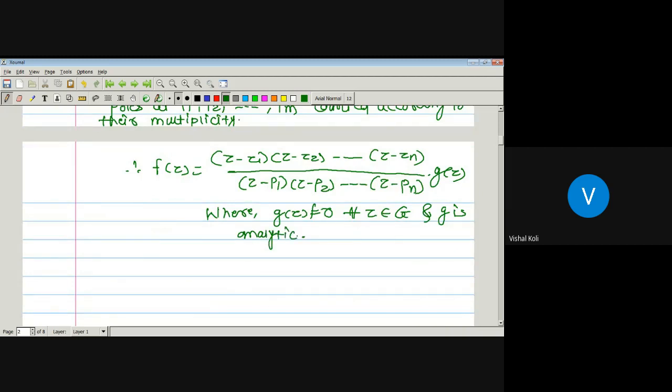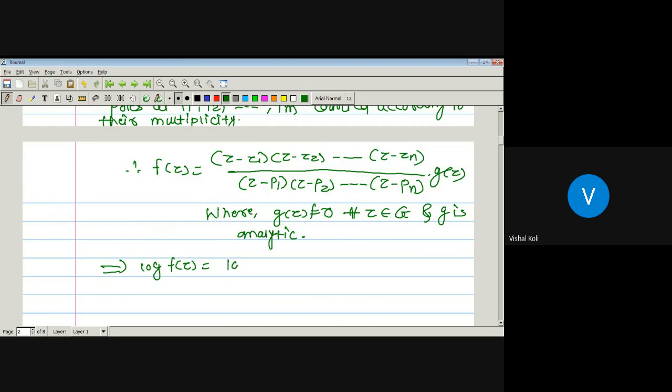Okay, now taking log on both sides, we get log of this function small f of z, which is log of f upon g, or log of any a upon b is nothing but log of a minus log of b.